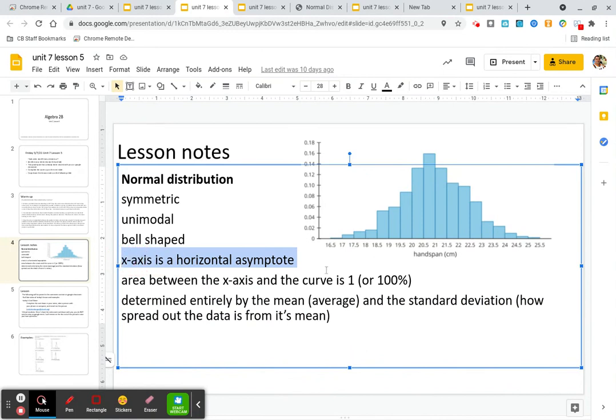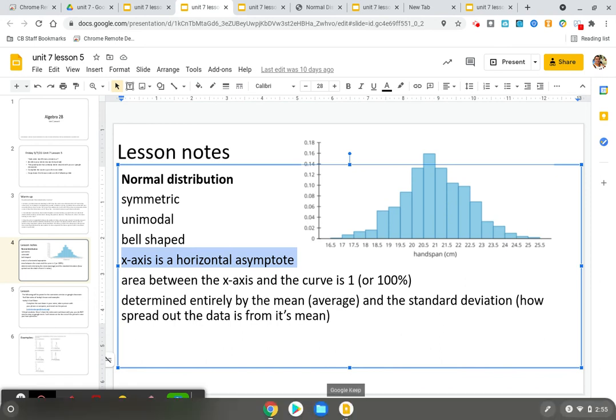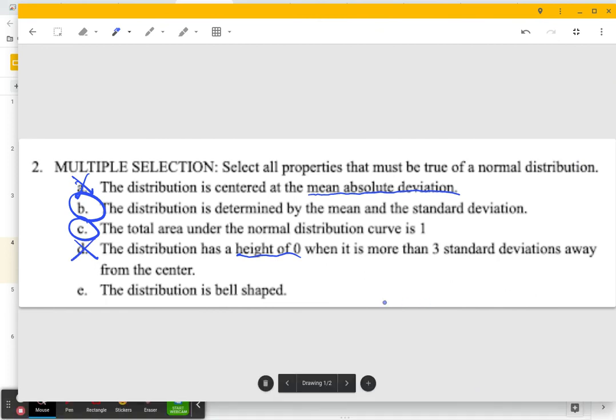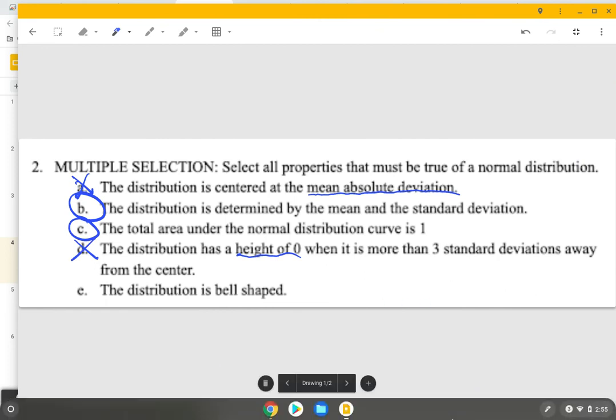A horizontal asymptote means the graph gets infinitely close to the x-axis but never actually touches the x-axis. So if the normal distribution curve never actually touches the x-axis, that means it never has a height of 0. So D is out.